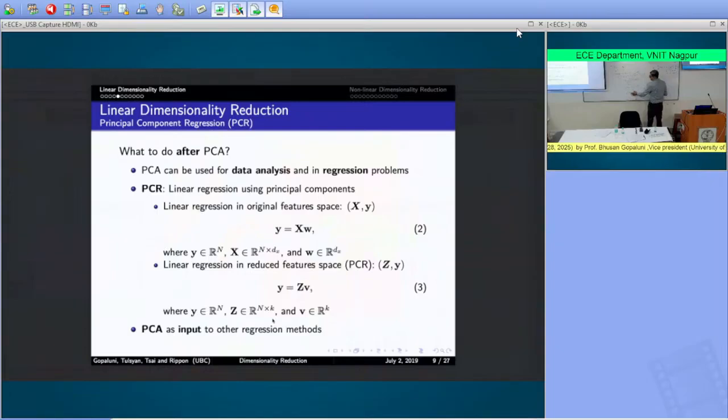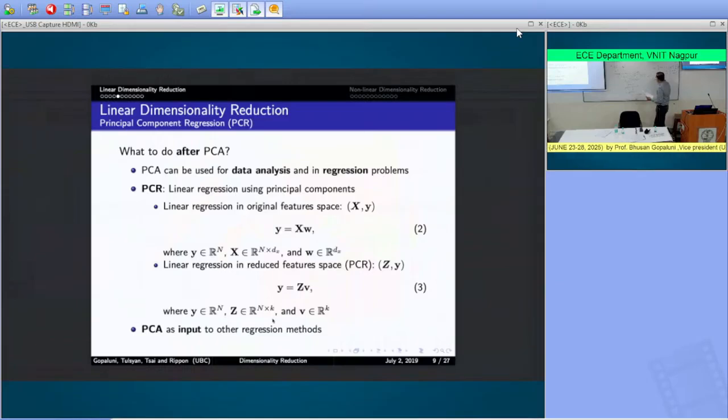And this lambda square here has eigenvalues along its diagonal. Then the first principal component 1 is the vector W1, which satisfies the following equation.